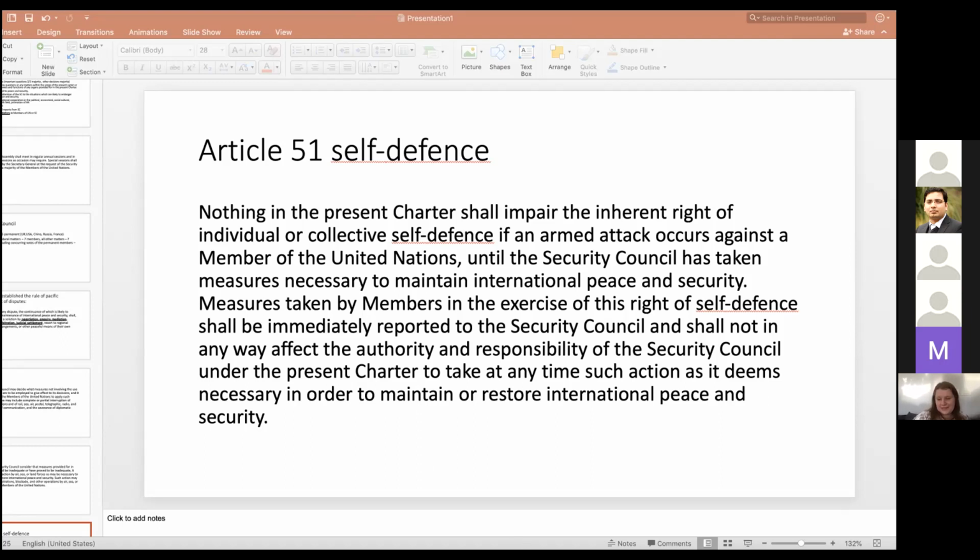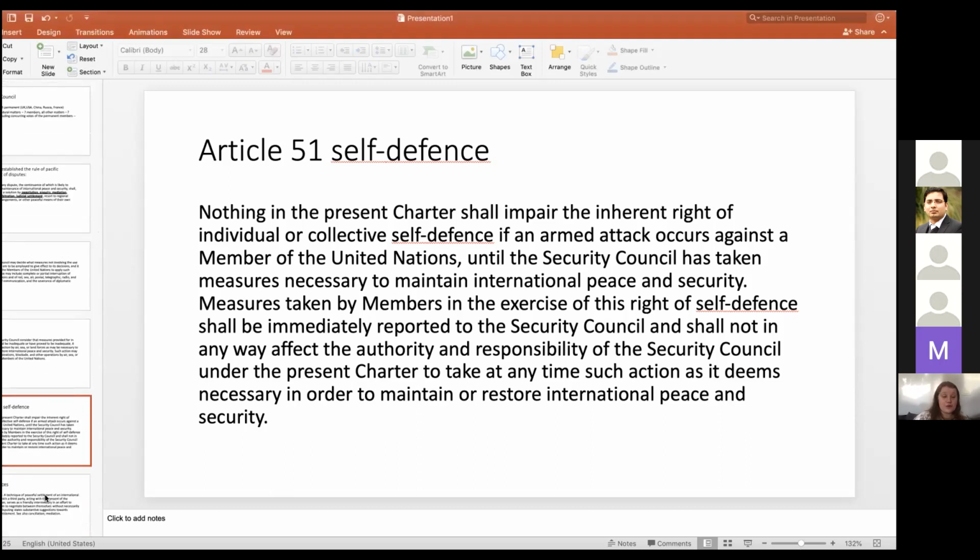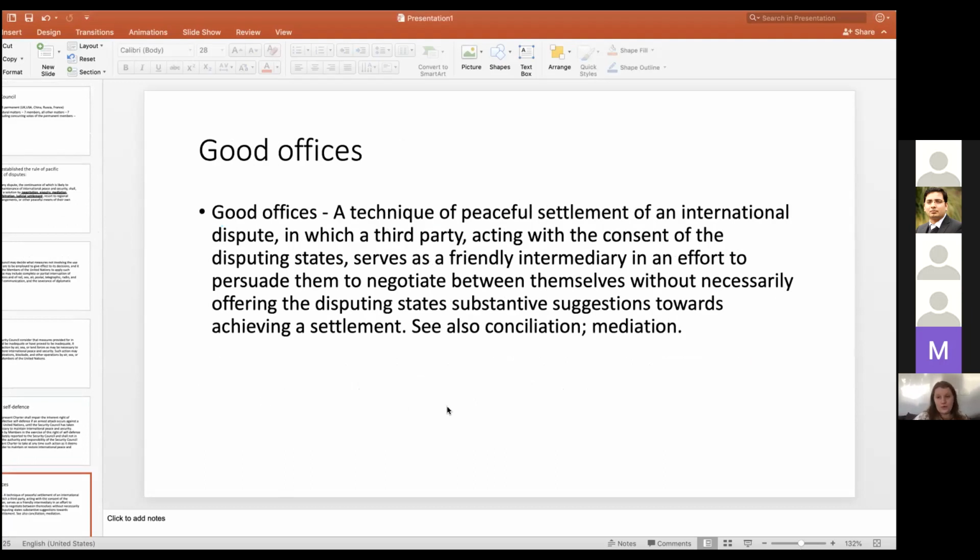I remember that when I was passing my public international law exam, quite often a very popular question was: what are the good offices?